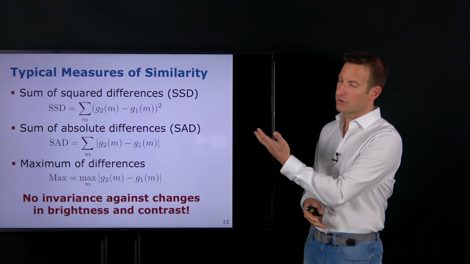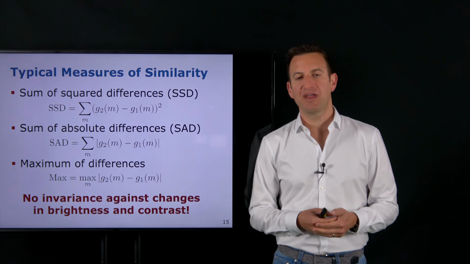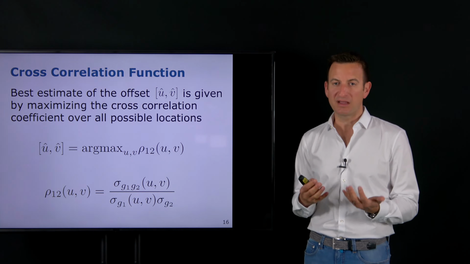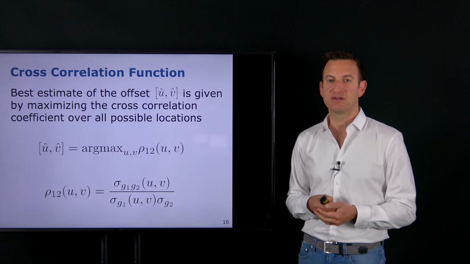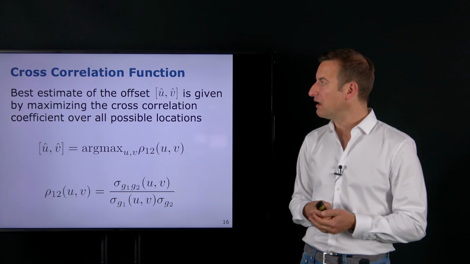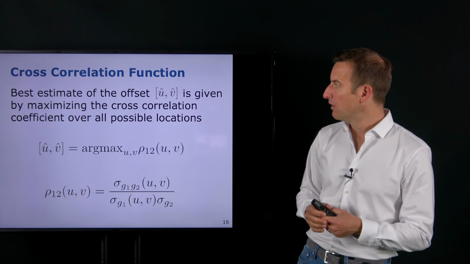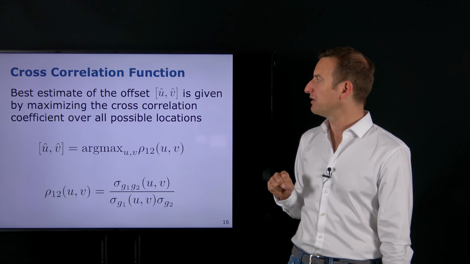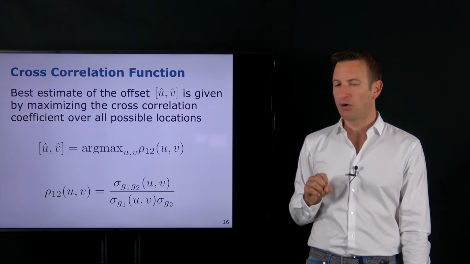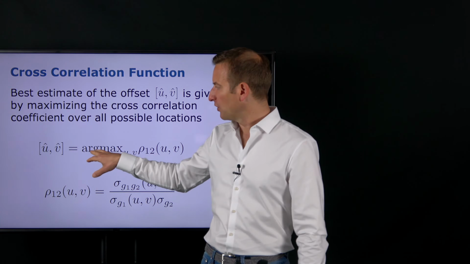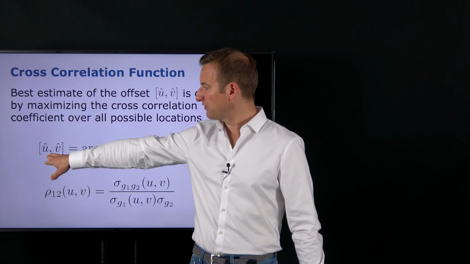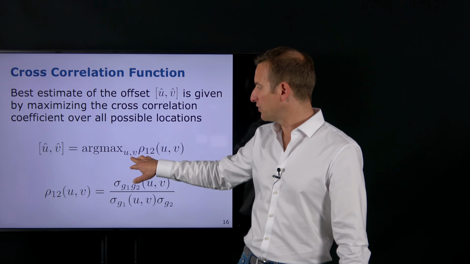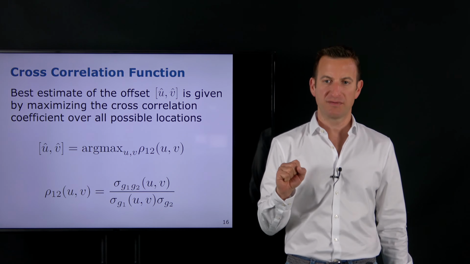Therefore, in cross-correlation we are not taking into account those standard measures, but we take a different approach, and this is to take the cross-correlation function into account. This is what gives this approach its name. So I again want to find the best offset by maximizing the cross-correlation coefficient over all possible locations. I'm returning the best possible estimate of those UV parameters that maximize this function over here.